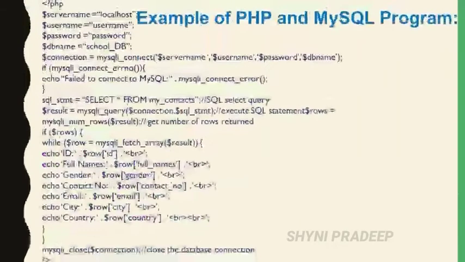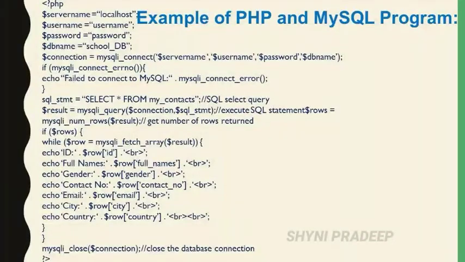Okay, let us see this program, an example of a PHP and MySQL program. Here the first line, PHP, is the opening tag. See the second line: server name, that is localhost, username, password, and next the database name, school DB, the school database.